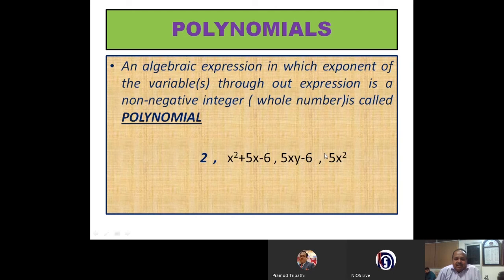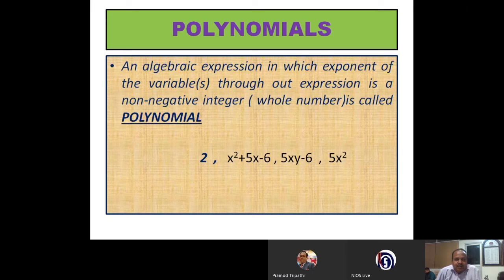In the last example, 5x square. The exponent of the variable x is 2 here, which is also a whole number. So we have seen here in the 4 examples, when will an algebraic expression be a polynomial? When the exponent of the variable throughout the expression must be a whole number.